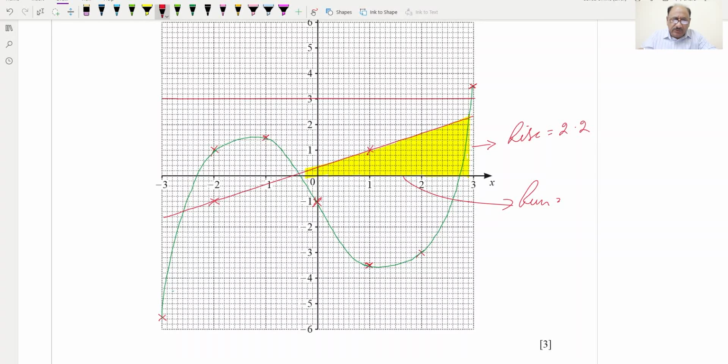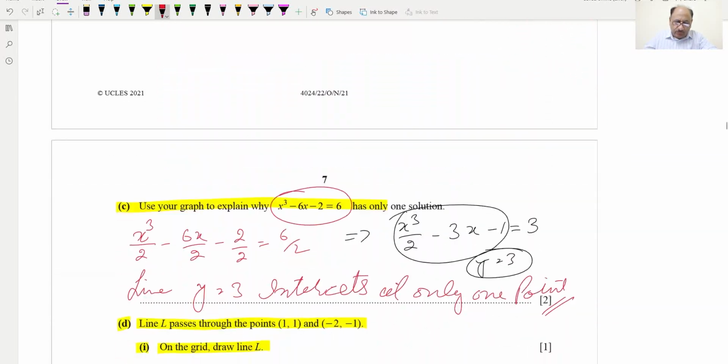3.2. We can write 3.2. So rise over run is 2.2 over 3.2.